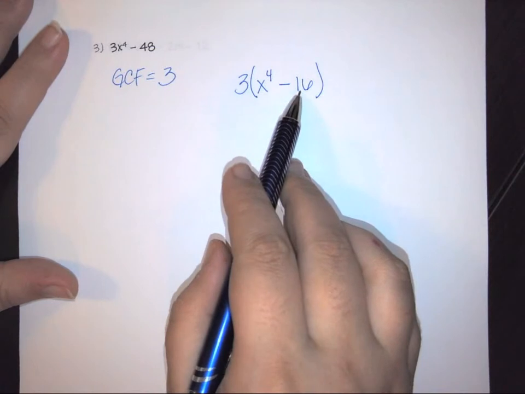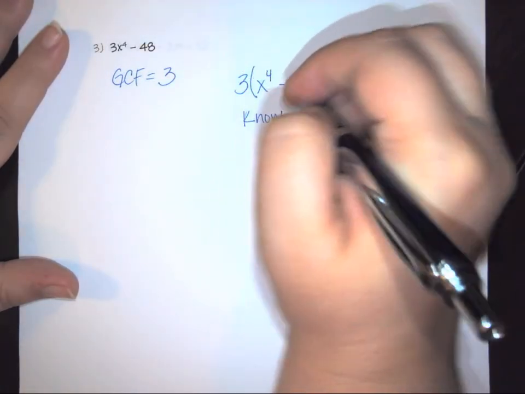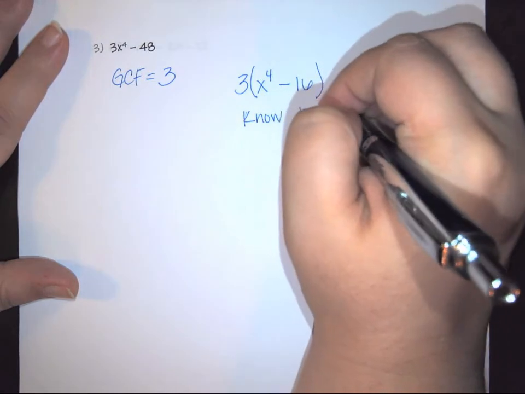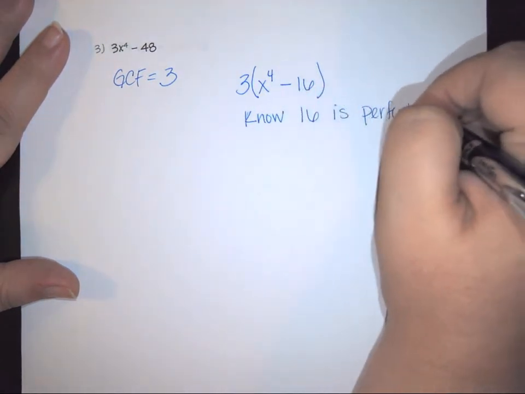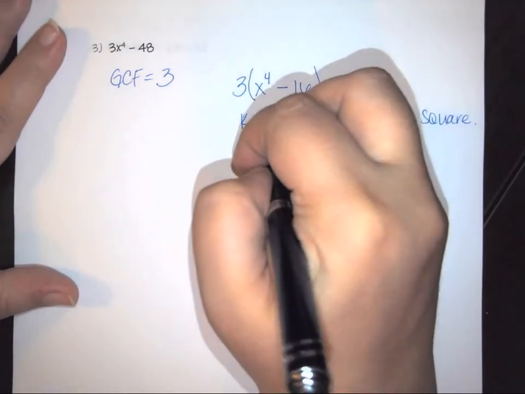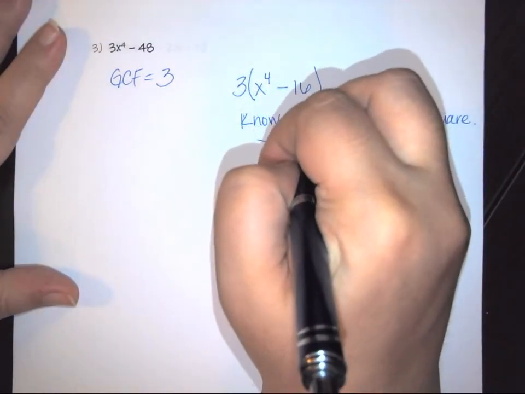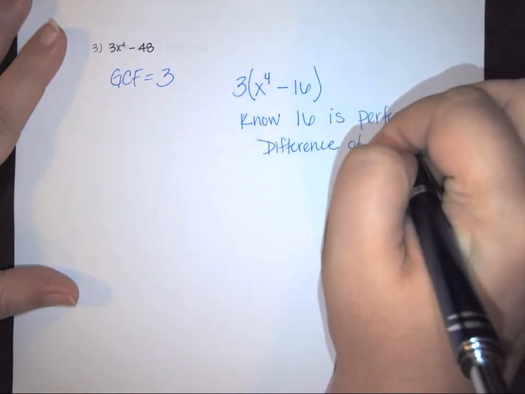If you look at 16, what do we know? Well, here we know that 16 is a perfect square, meaning that this is actually going to be the difference of squares.